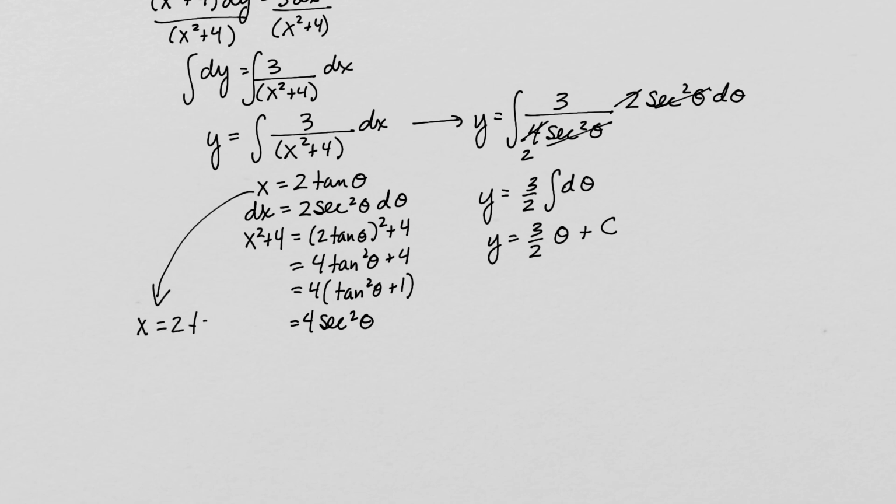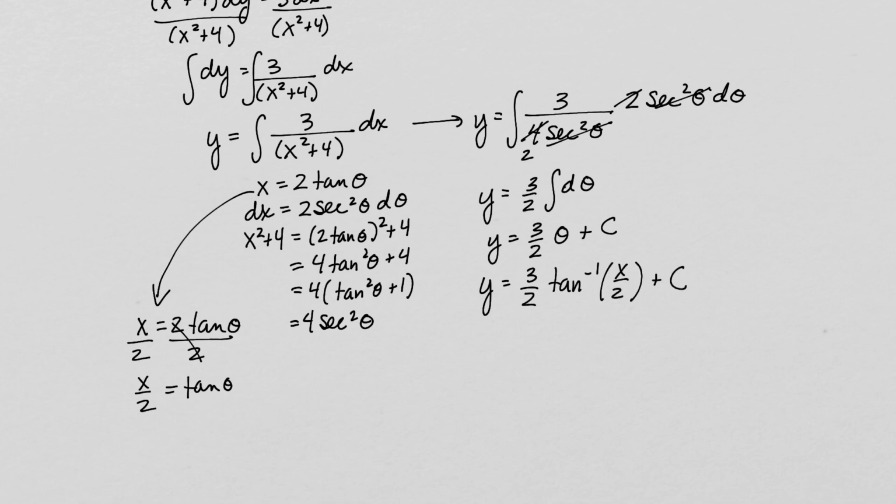So if x is equal to 2 tangent theta, divide both sides by 2, the tangent of theta is equal to x over 2. In this case, I don't even have to draw the whole triangle because all I need is theta. So theta is going to be the inverse tangent of x over 2, plus c.